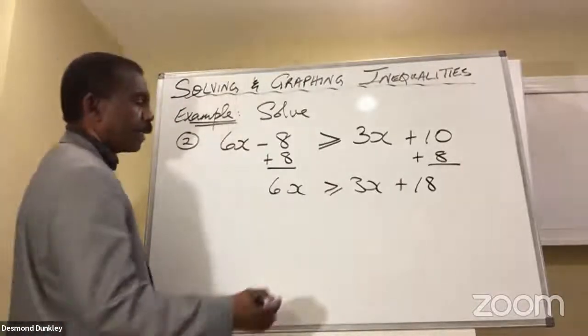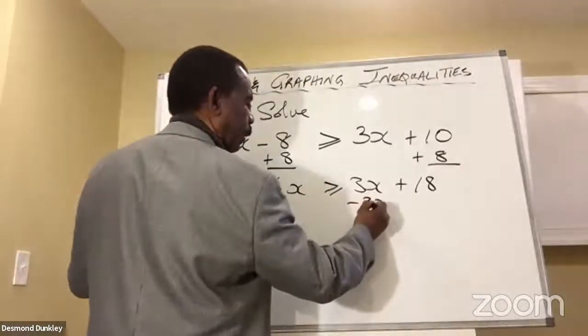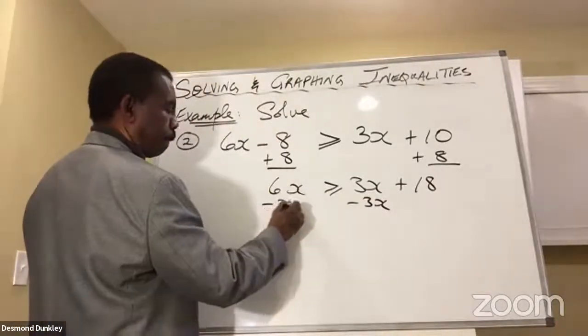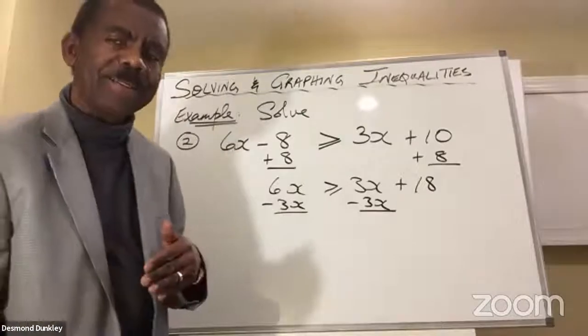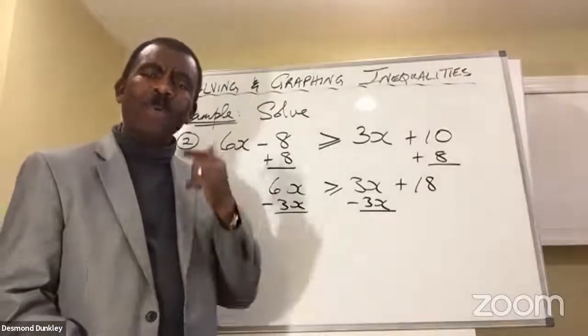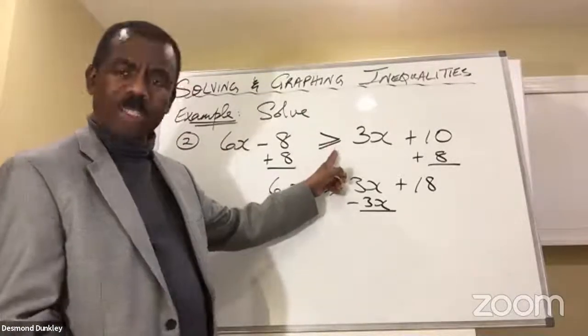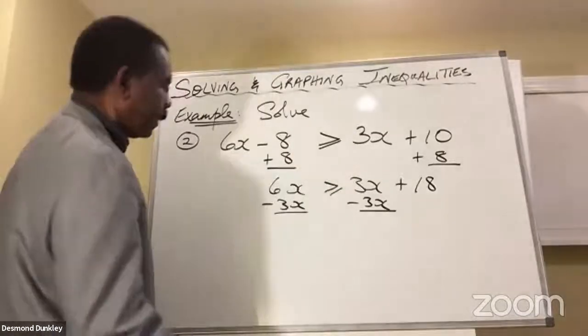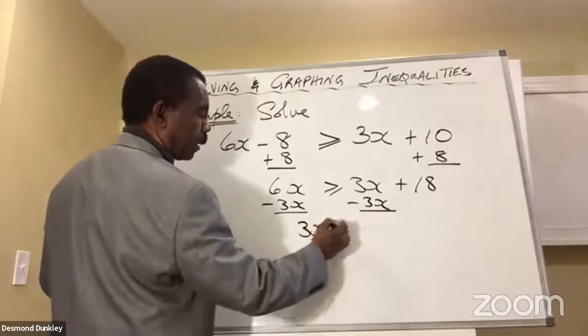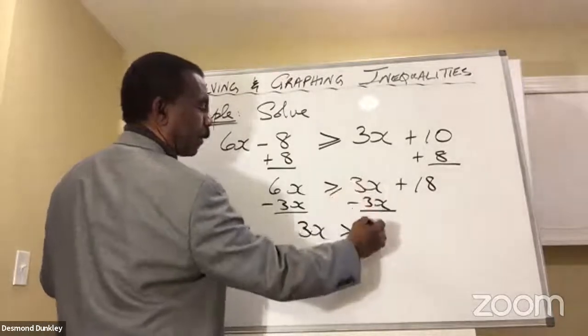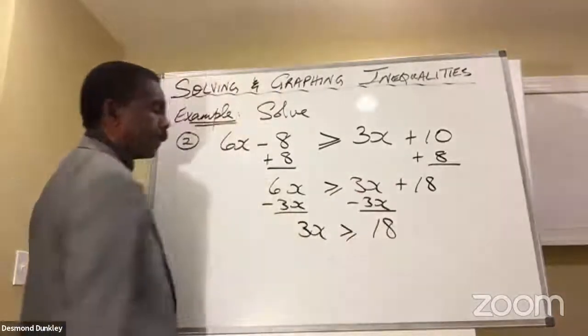So we subtract 3x's. Again, nothing dramatic. Just the same procedure we would have used if this was an equation. Same procedure. So now we end up with 6x take away 3x is 3x. And this is 0, so we're left with 18.